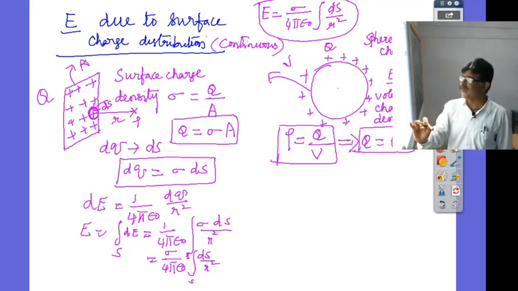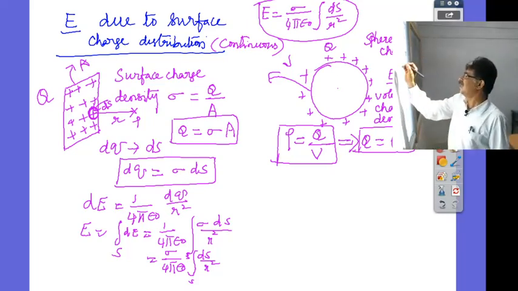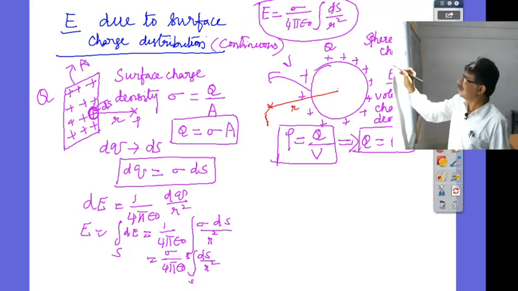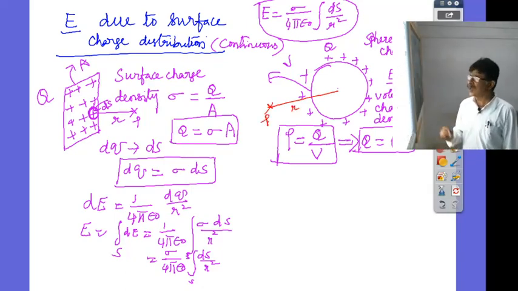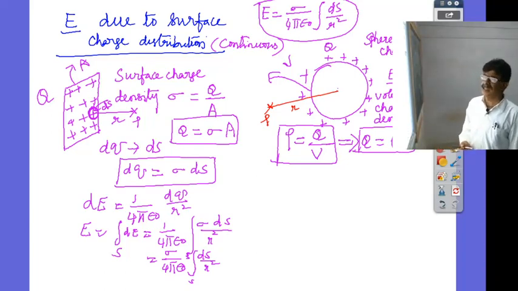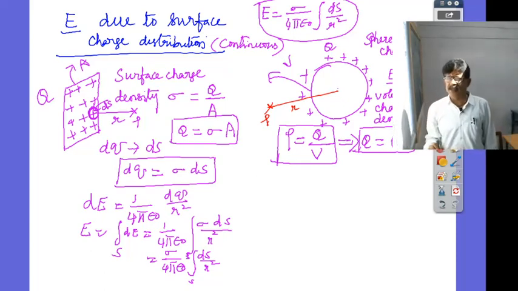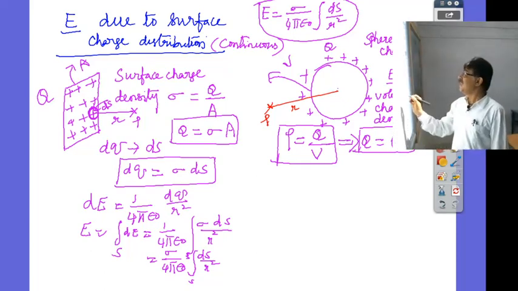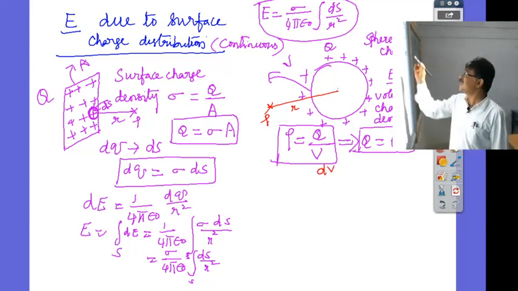Once you know this, by adopting the same technique, you are going to find the final expression for the electric field intensity because of this sphere at a point P at a distance r. So what procedure are you going to adopt? Consider a very small volume of that sphere.